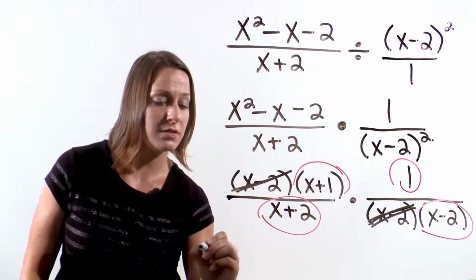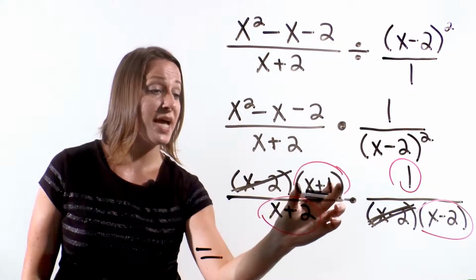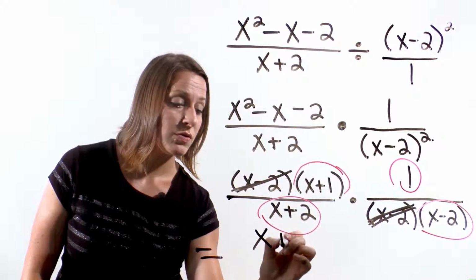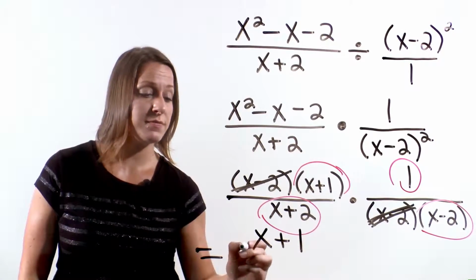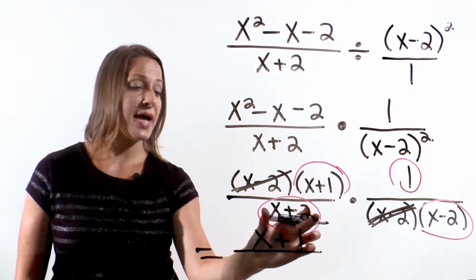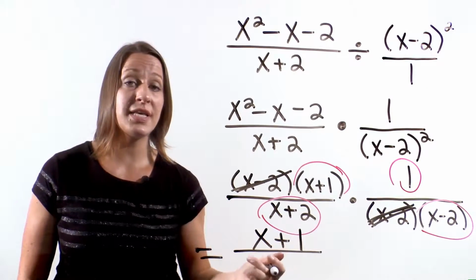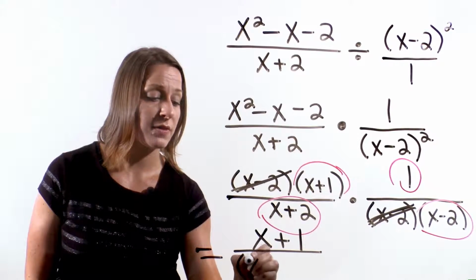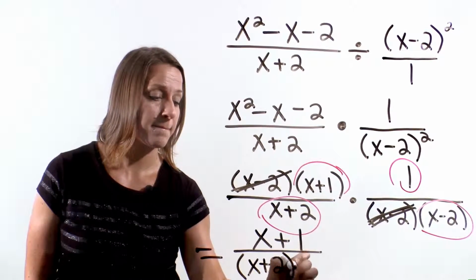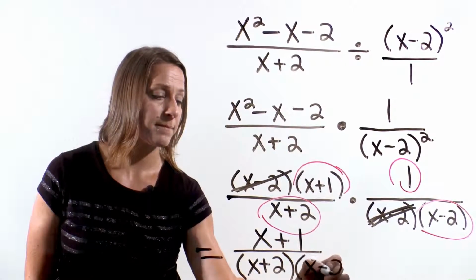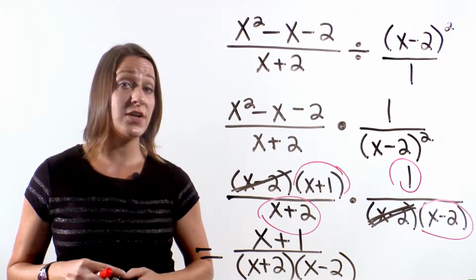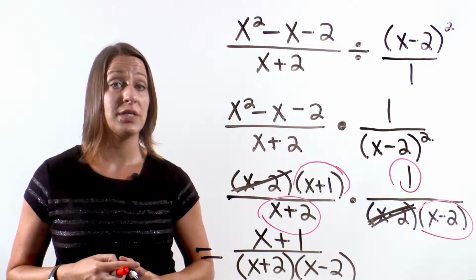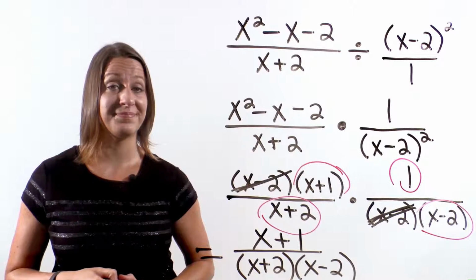So our final answer will be x plus 1 times 1, which is x plus 1, over x plus 2 times x minus 2, which we can just keep in two separate parentheses. So our final answer is x plus 1 over x plus 2 times x minus 2.